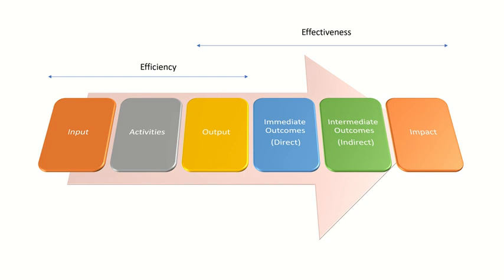There's several names that have been used for this. But yes, in this skill share, we'll focus on result chain. I will be using result chain, which normally starts at the input stage, which is what we put in, resources that we put in into a particular program.